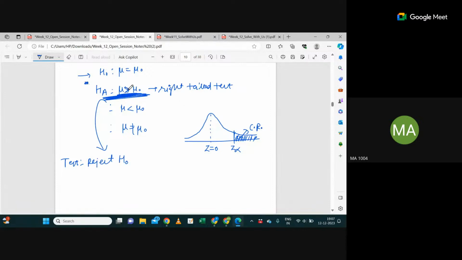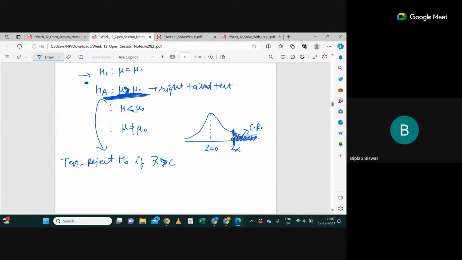You can keep it in mind by the sign itself: greater than means right tail test, less than means left tail test. You will reject H naught if your sample mean is greater than some c, that is, lies in the area greater than this value.